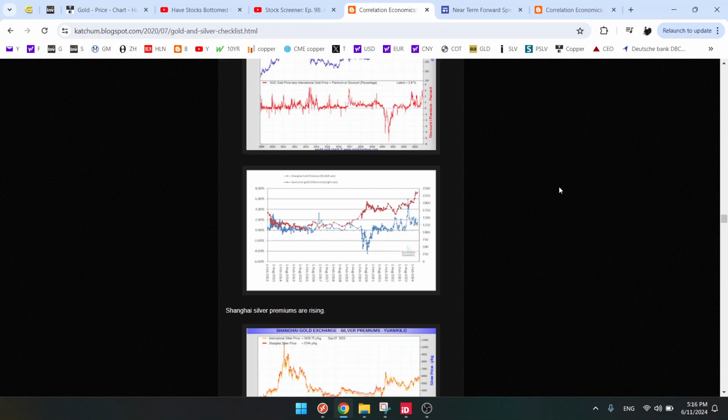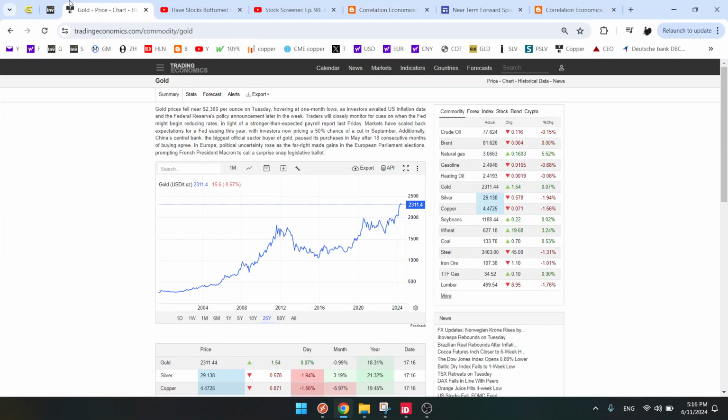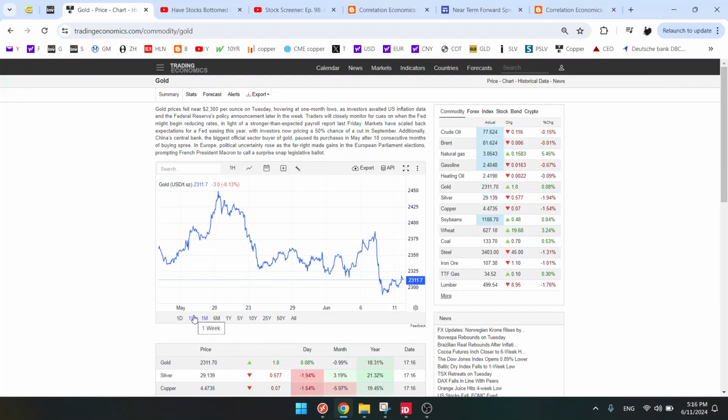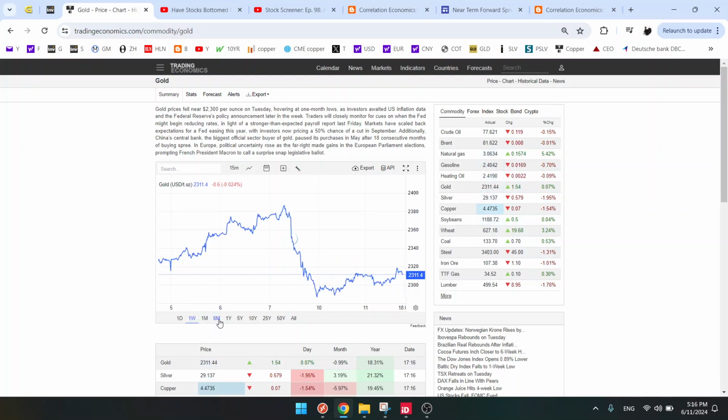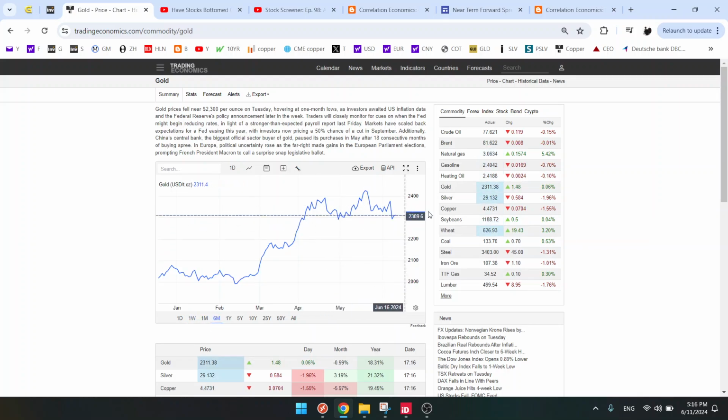So these indicators are short term, and you need to look at it every day for the short term movements. So for example, today I saw 1% premiums on China, on Chinese gold. So I still know that gold will go up, not down. So we are green.